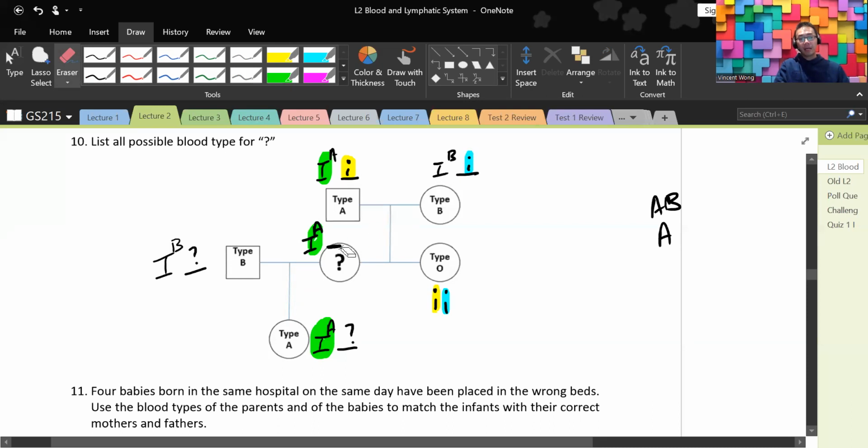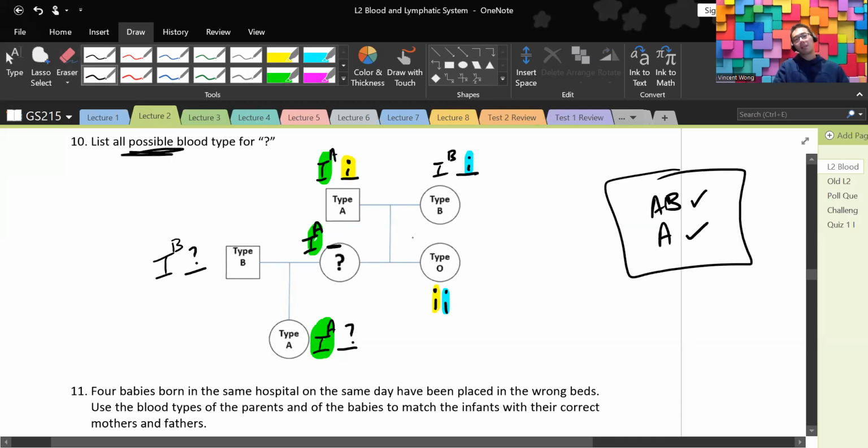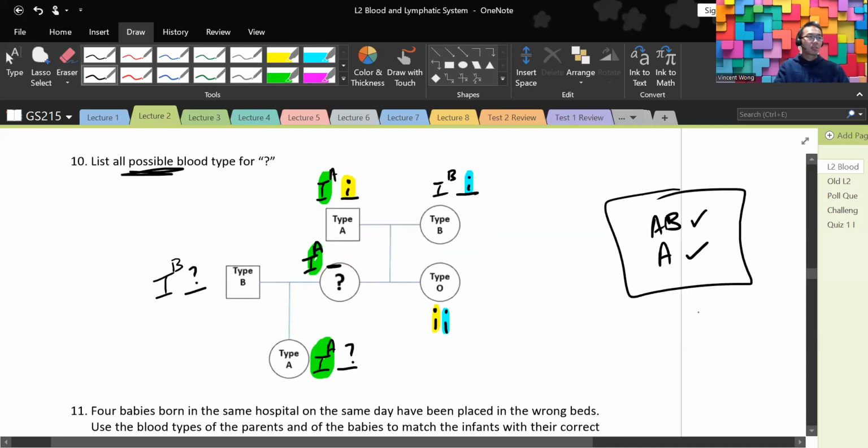If she inherited the IB, then she would have been type AB blood. If she inherited the small i, then she would have been type A blood, right? So both of these are possible blood types for this person, with the given information that we have. Is that okay?